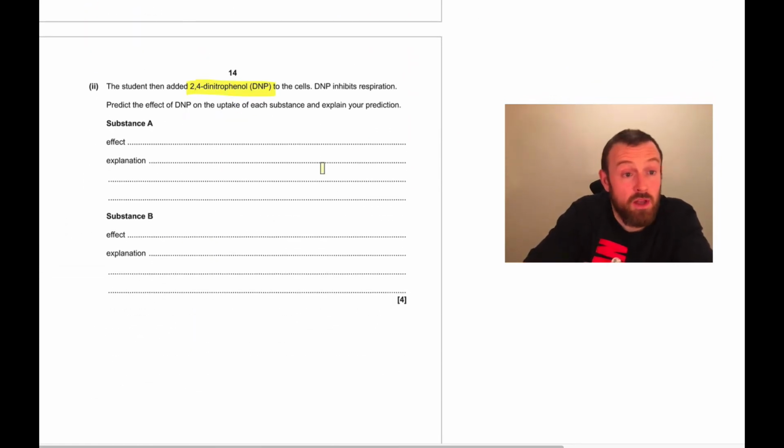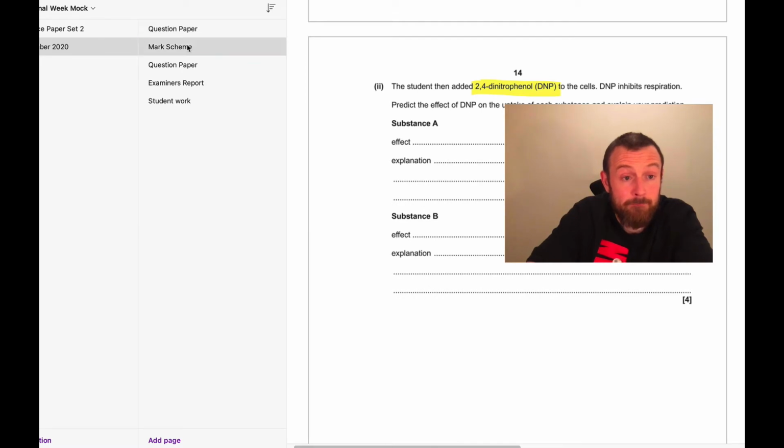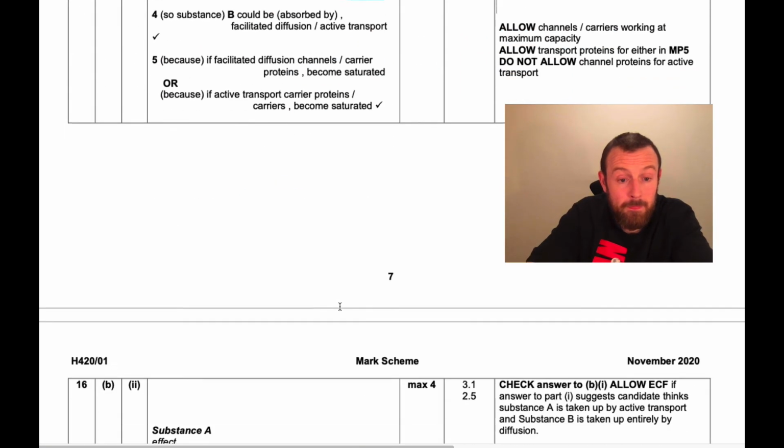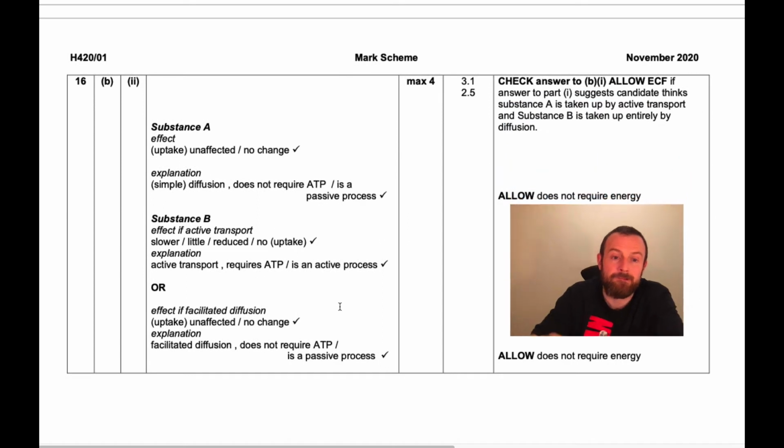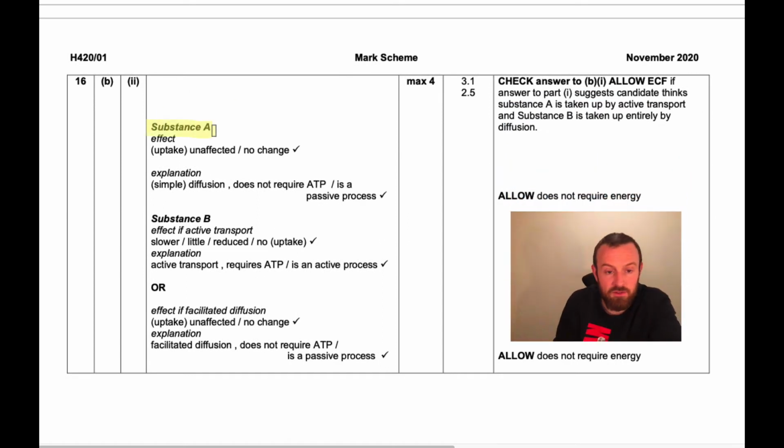So let's look at the mark scheme for that. Okay, so substance A, which remember was diffusion, unaffected or no change. And you do need to get a mark for the explanation. So it does not require ATP, or you could have said it's a passive process. And the next one, substance B, reduced or even no uptake, either one would be fine, or slower, because active transport requires ATP, or is an active process.